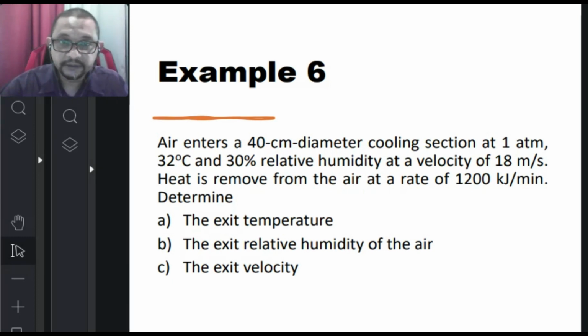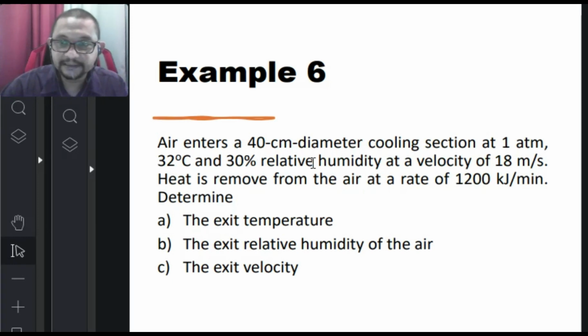So the solution for this example: you have been given the values of 1 atm, the inlet temperature 32 degrees Celsius, the relative humidity of 30%, and the velocity of 18 meter per second.